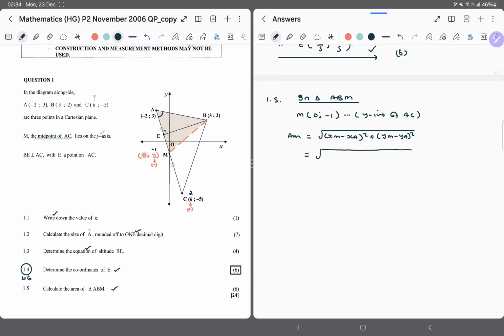So we do it. So what do we have? Y at M is -1. Minus that at A is going to be minus. Oops. What am I doing? This is X, not Y. Okay, X at M is 0 plus 2 all squared plus this is -1 minus 3 all squared.